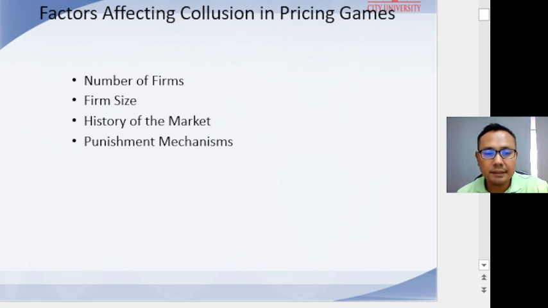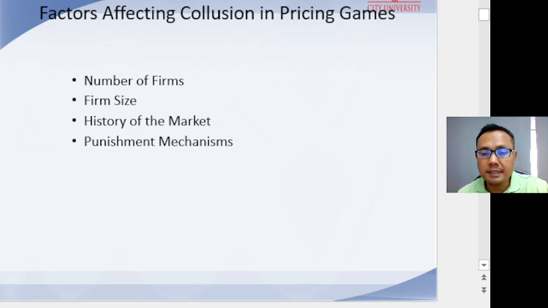And then the second factor you can see from here is firm size. So economies of scale exist in monitoring. Okay, monitoring and policing costs constitute a much greater share of total cost for small firms than for larger firms.